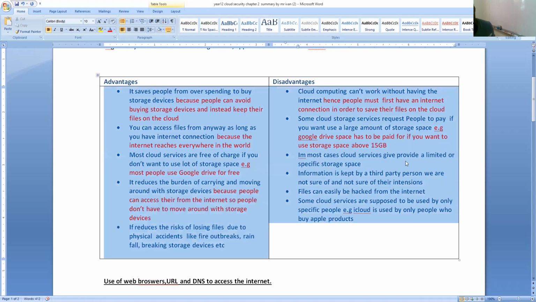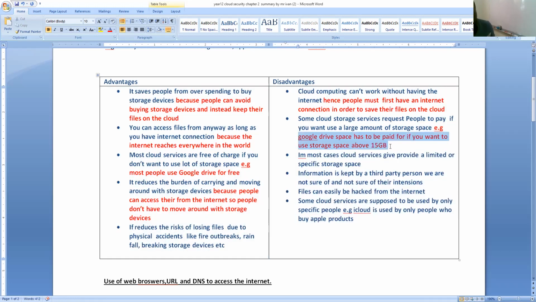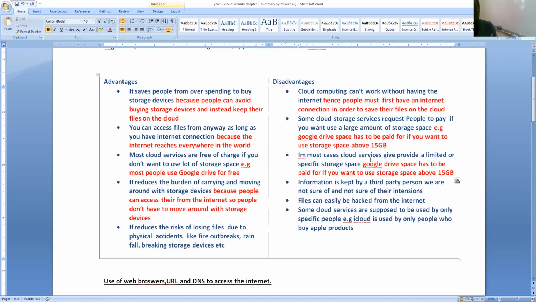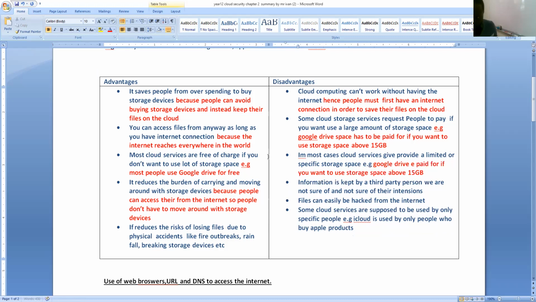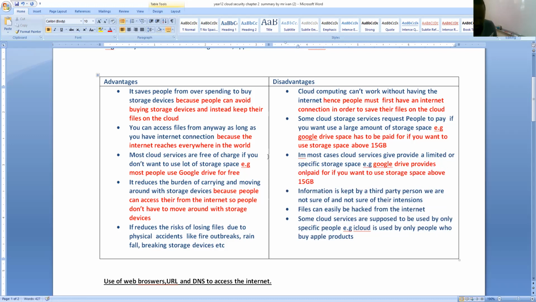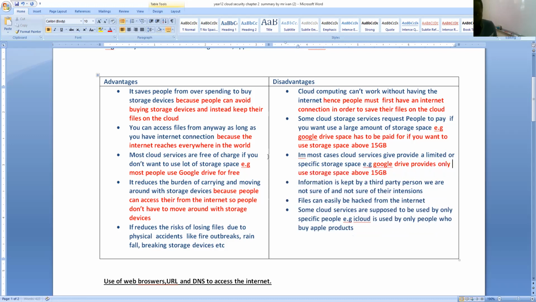An example here is Google Drive, which provides only a limited storage space of 15 GB.